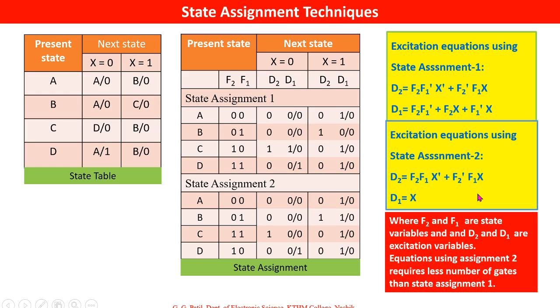That is very clear from state assignment 2. So that is the advantage of assigning the proper state in a sequential state machine, so that the number of terms can be reduced, circuit complexity can be reduced, circuit speed can be enhanced, and the cost of the circuit is reduced. These are the advantages of state assignment in a sequential state machine.